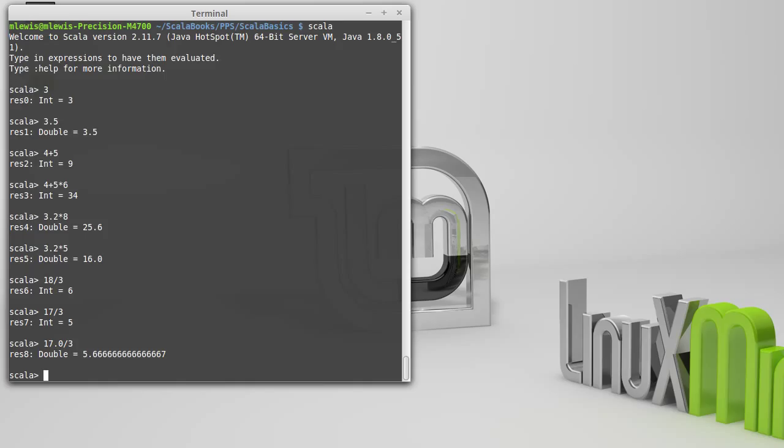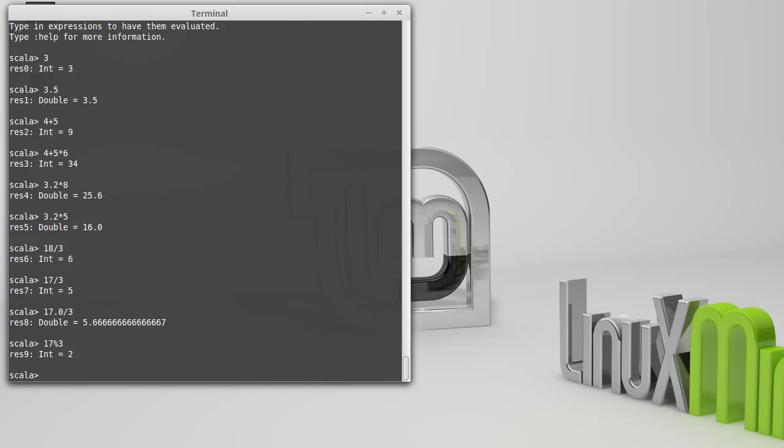When you first learned division, you learned about the quotient and the remainder, and then you immediately forgot those things as soon as you learned about fractions and decimals. Here we care about the quotient and the remainder. When you do division on integers, you get the quotient. You can get the remainder by using an operator called modulo. And so 17 modulo 3 is 2, because that is the remainder that we get when we have 17 divided by 3.